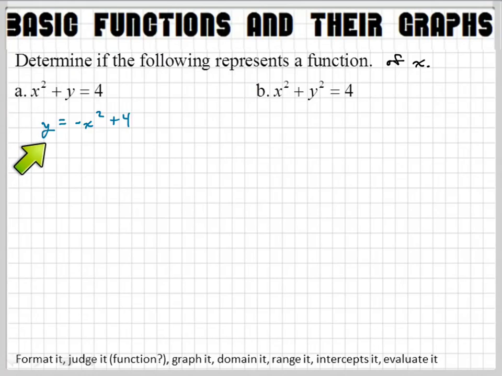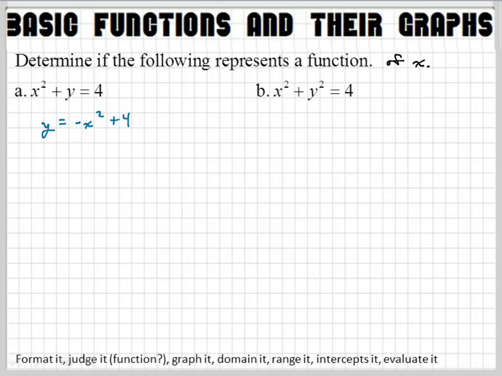Like if I plug in a 2, I'm only going to get one y value, right? If I plug in a -2, I'm only going to get one y value. Now, 2 and -2 might give you the same y values, but that doesn't mean it's not a function. It just depends if each x value has exactly one output.